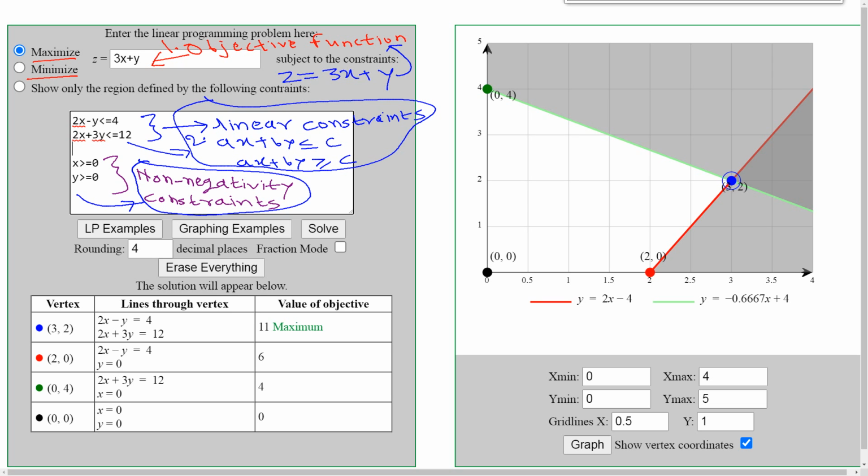So solving a linear programming problem is not going to be an easy task. It will involve certain steps. Those steps we will see in the next lecture. But remember that any linear programming problem has three parts: objective function, linear constraints, and non-negativity constraints.